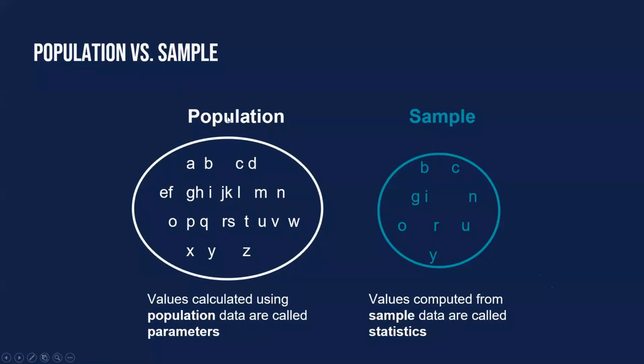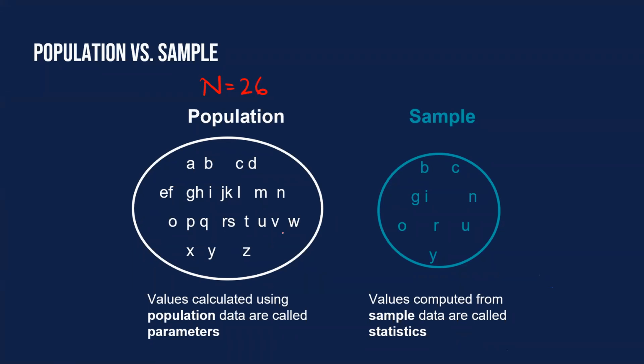All right, so just so you can understand the subtle difference here between a population versus a sample. I know this seems weird, but suppose you take the letters of the alphabet. How many letters are there in the English alphabet? 26. Yep. So the population size of the letters of the alphabet is 26.